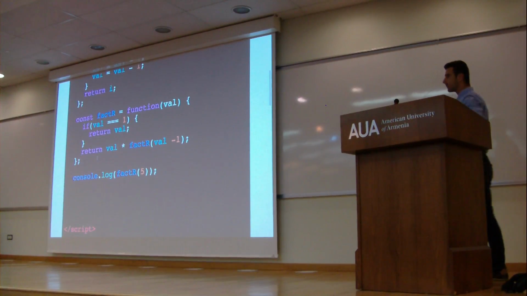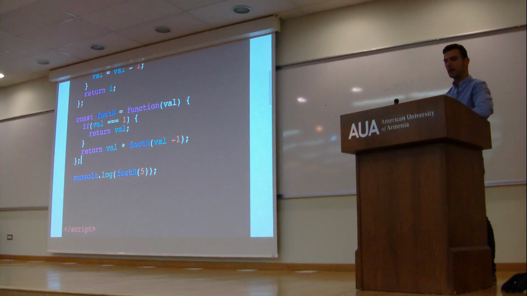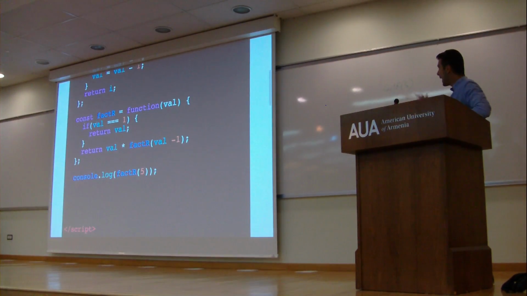Here's what happens. We call fact R with a 5. Right? Okay. That goes into the code. What is val? 5. It's the 5 I passed in from here, right?